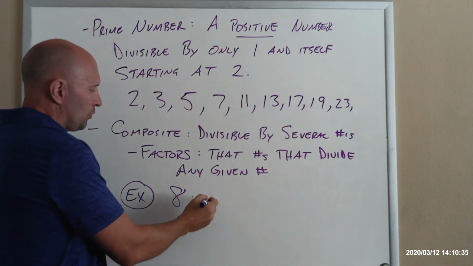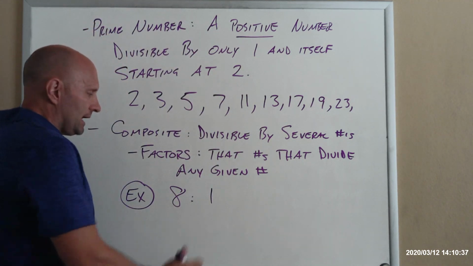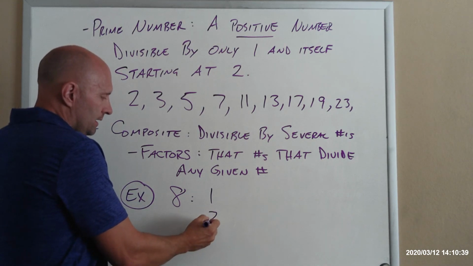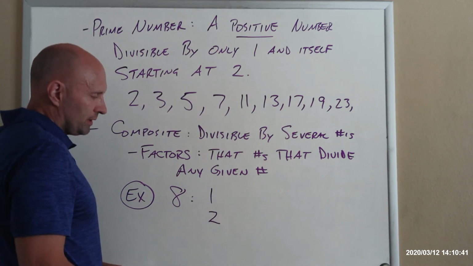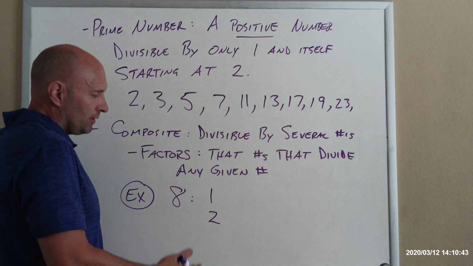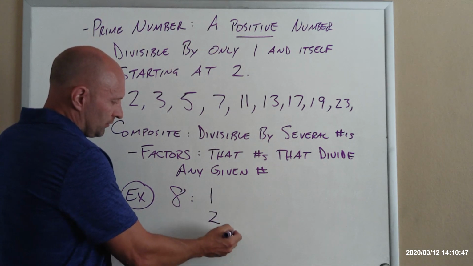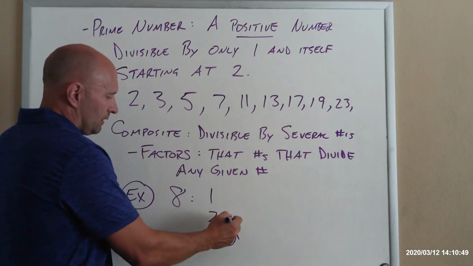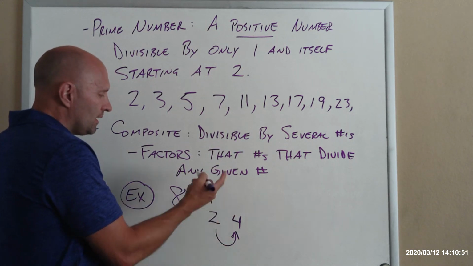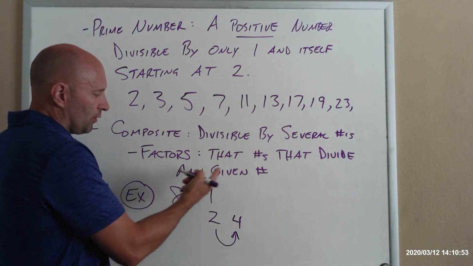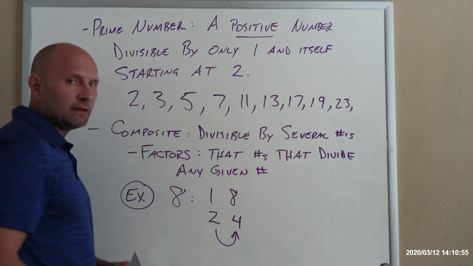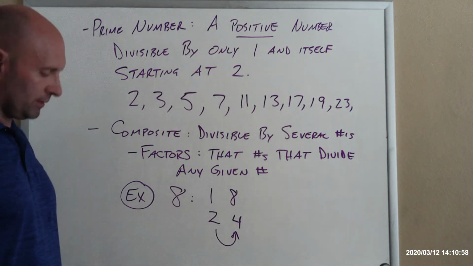So for example, we know what? 1 goes into 8. Does 2 go into 8? Yes. How about 3? No. 4? 4 does, but it's what? It's 4 times 2. So I'm going to start coming back up the column here. So 4 times 2, 5 no, 6 no, 7 no, 8 goes into 8.